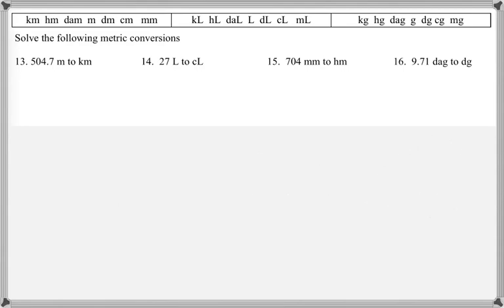On question number 13, I'm converting 504.7 meters to kilometers. So I want to look at my conversion chart, and if I'm going from meters to kilometers, to get from meters to kilometers, I'm going 1, 2, 3 places to the left. So I want to mirror that with my decimal place. So I want to move my decimal place 3 places to the left.